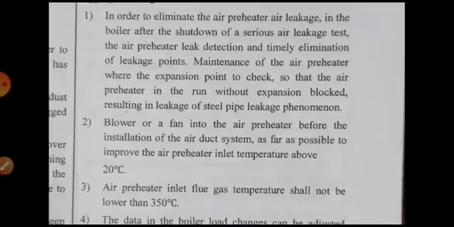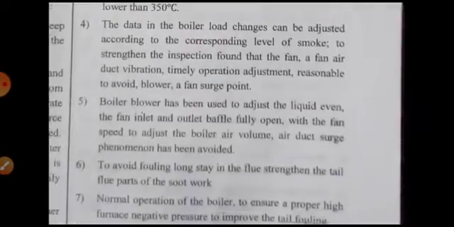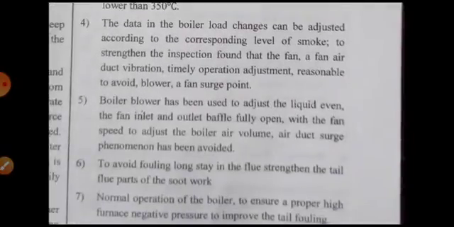Air preheater inlet flue gas temperature shall not be lower than 350 degrees Celsius. The data can be adjusted according to the corresponding level of smoke as the boiler load changes.